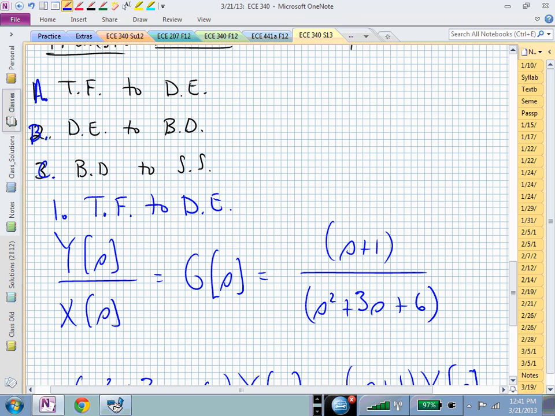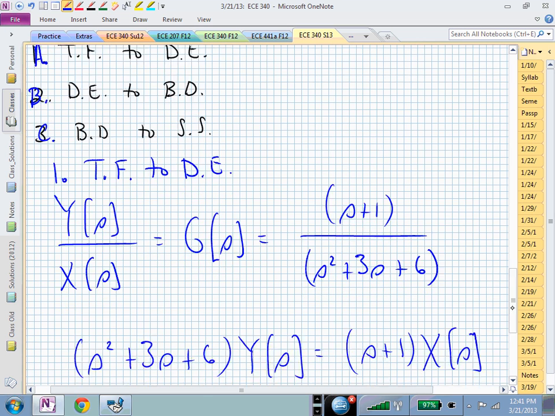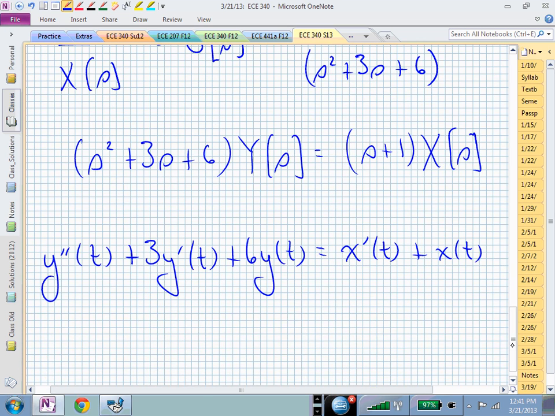If you're texting this, it's easier to write TF to DE, and you could even replace that "to" with a 2. Well, I thought for some reason that was TE and it was going to be a tight end and then we had a defensive end, but never mind. So this is TF to DE. We've just done that starting with the transfer function.